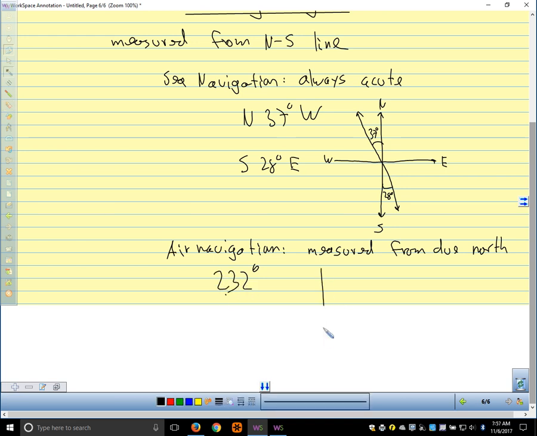So what that means is we're making a 232 degree angle, something like this, from due north. So you'd say the plane is traveling at 800 miles an hour at a bearing of 232 degrees. That's the direction it's describing. Yeah, clockwise from due north.